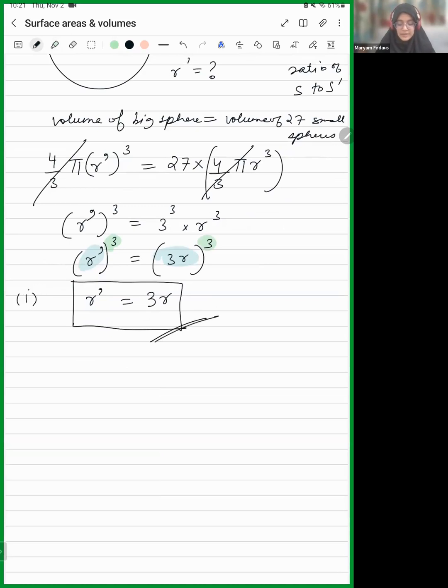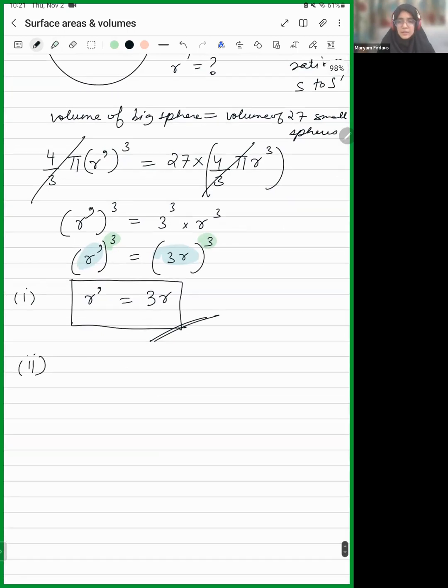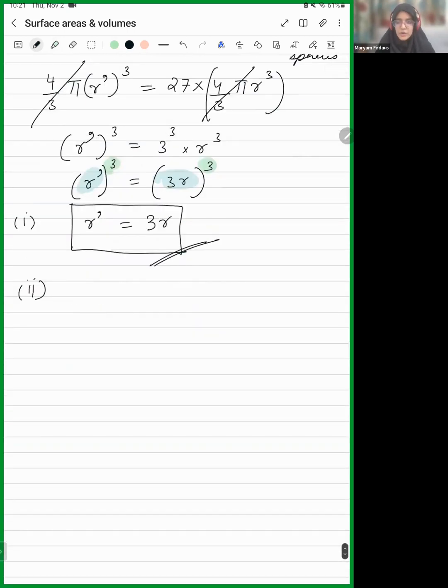Now the second thing they are saying, ratio of both of their surface areas. This one is going to be easier than the previous part. Ratio of their surface areas, S by S dash. What is S? Surface area of one small sphere. What is it going to be?